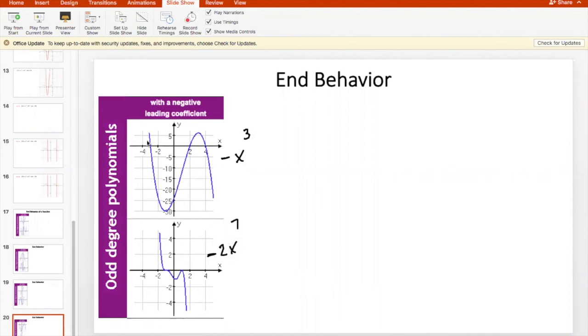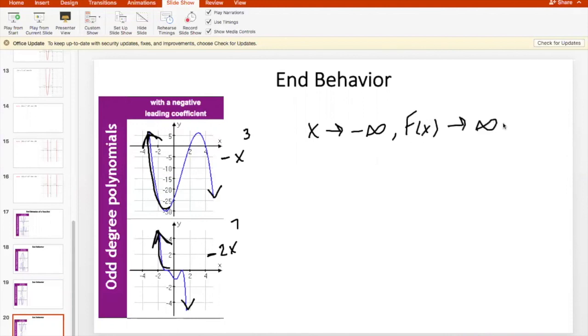Notice now that the left side goes up and the right side goes down. So you're going to say that as x approaches negative infinity, or you're looking left, what happens? On the left side of the graph, you go up forever. The left side of the graph goes up infinitely. So that means the function values approach positive infinity.